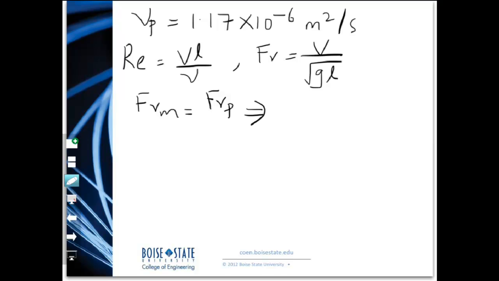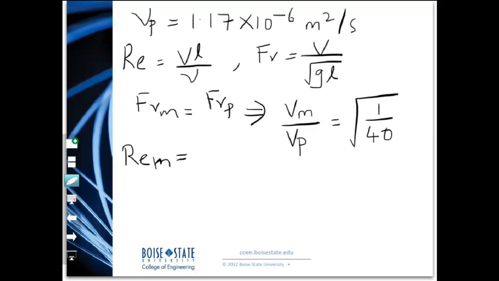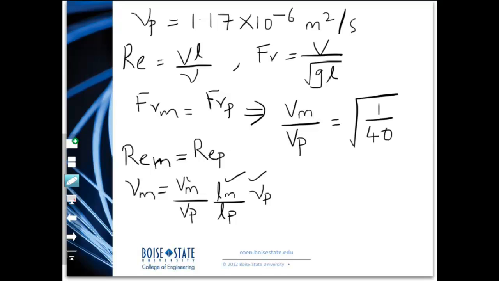From there, you can determine V_m over V_p as square root of 1 over 40, and then you can use the Reynolds number similarity for the model and the prototype, and you'll come up with this for the kinematic viscosity for the model as V_m over V_p, L_m over L_p, nu_p. We know this, we know this, we just found this as square root of 1 over 40.